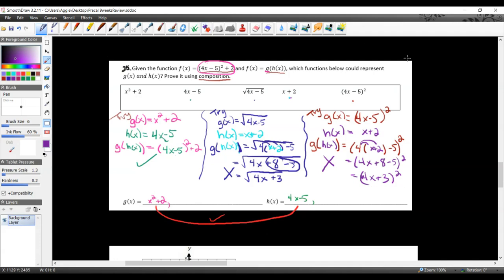So for you, what you need to do, you need to find one more combination that works, okay?